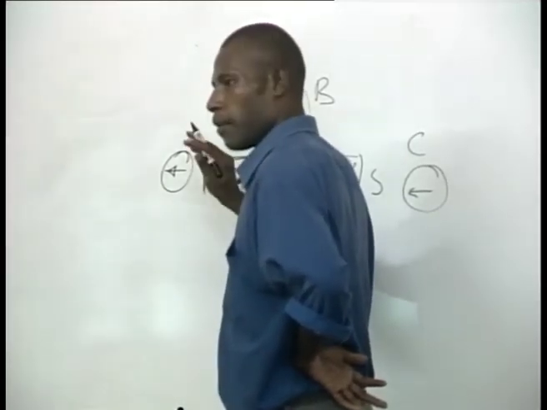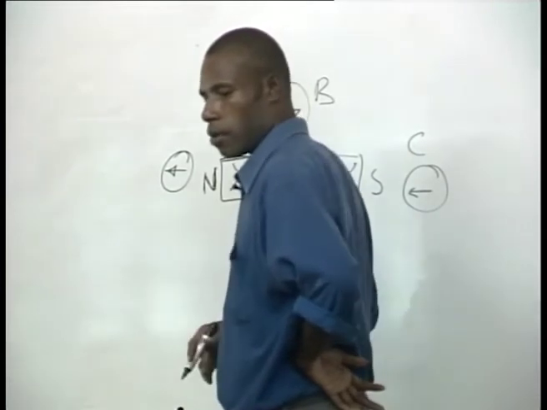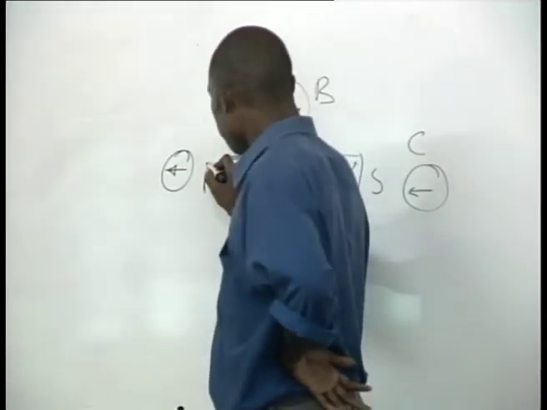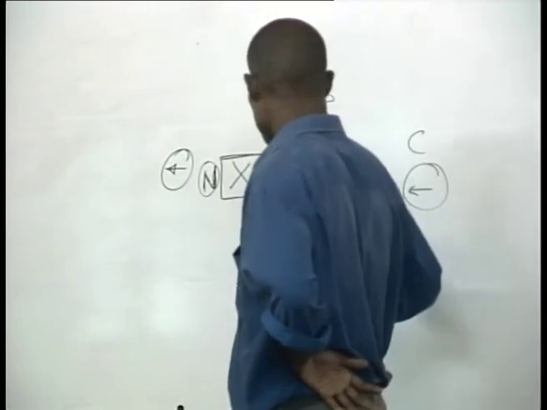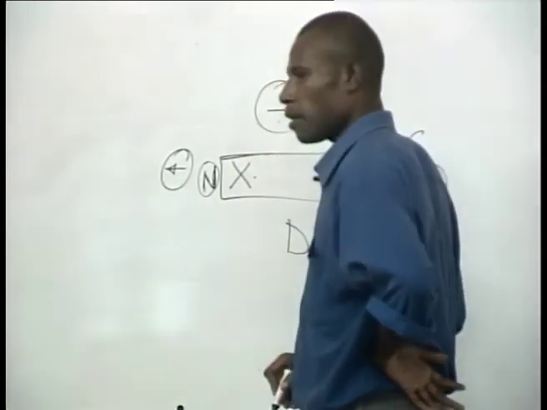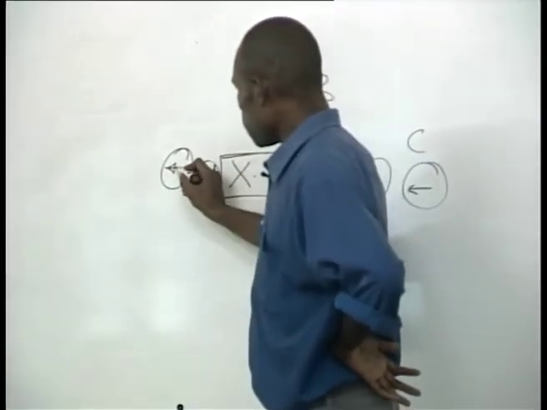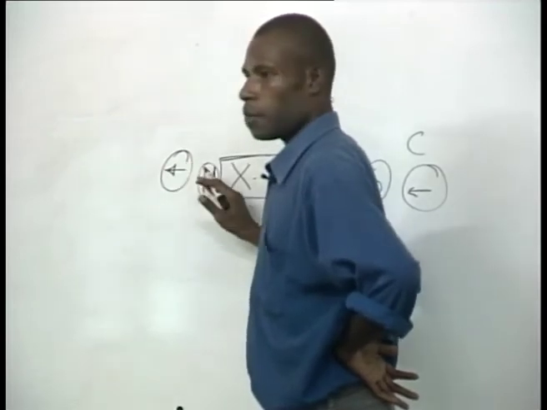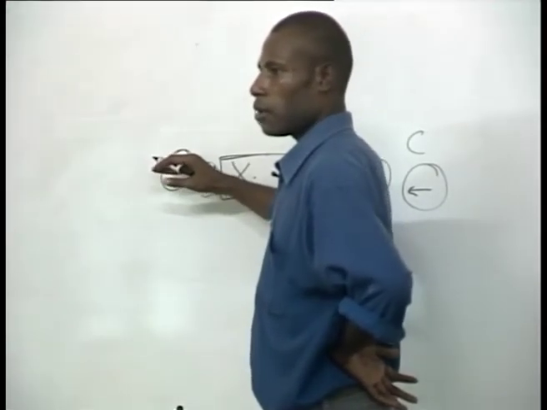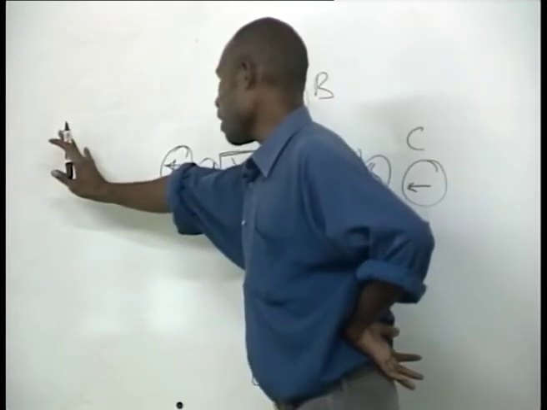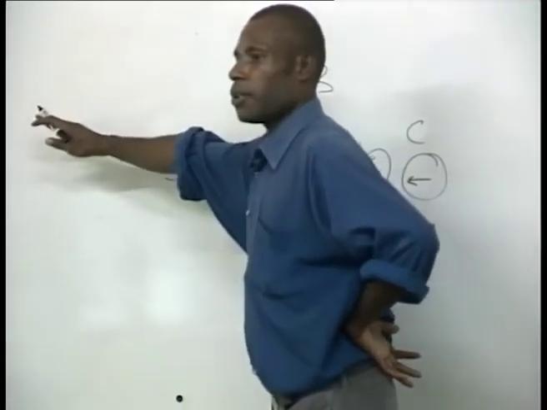So for the first question, which is the North Pole, that is the North and that is the South. Why? Because this needle should always point towards the North. If you decide to bring it over here, you'll find that this one points that way.